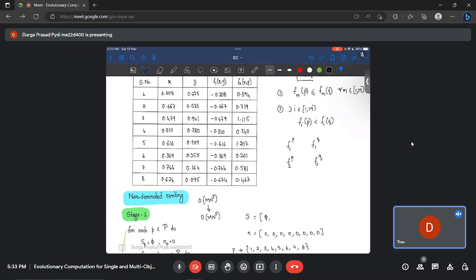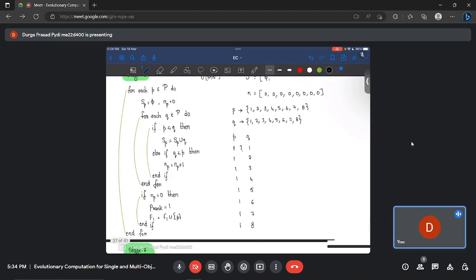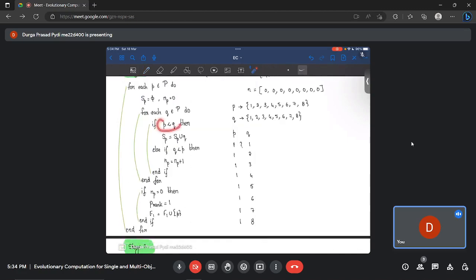When you compare F1P and F1Q, F1Q is actually less than F1P, and in the case of F2, the value of P is less than F2Q. So the first criterion itself is not satisfied, since in one of these objective functions P is better than Q. So they are a set of non-dominated solutions. P less than Q is not satisfied, and even the Q less than P check is not satisfied, so it just iterates to the next step.